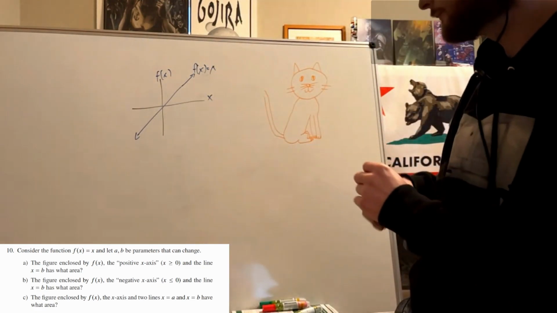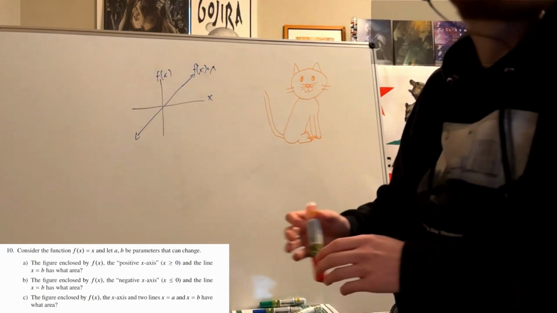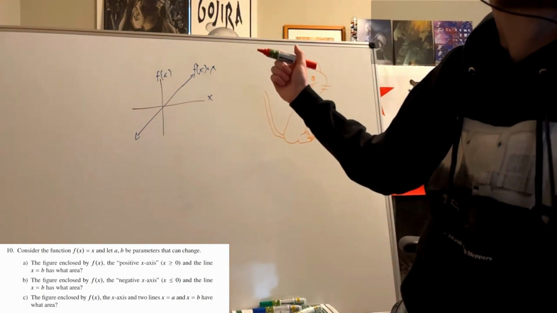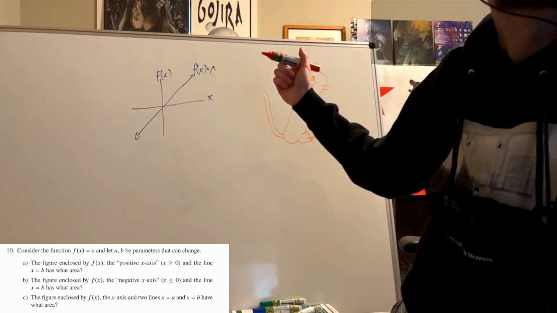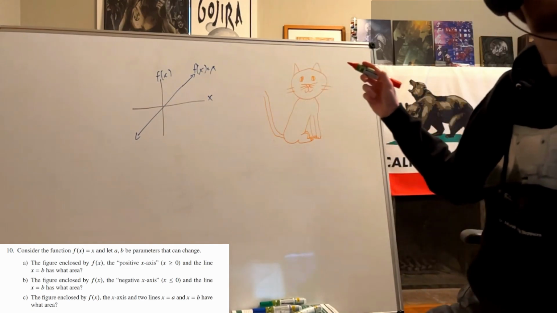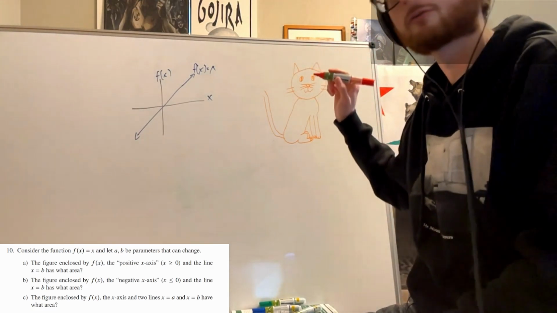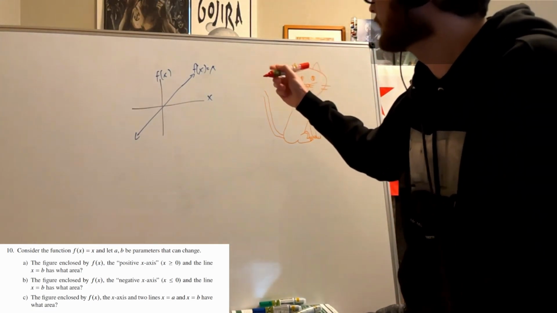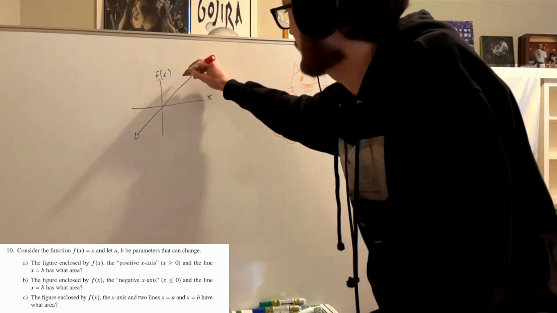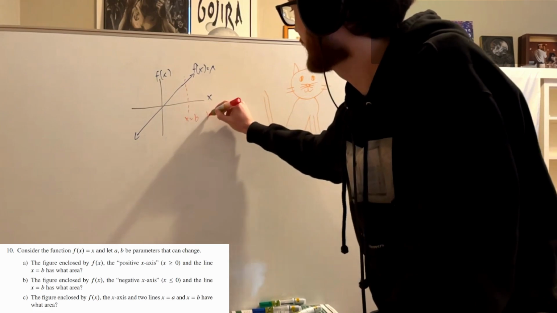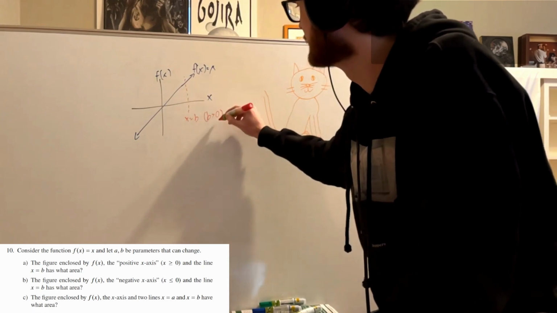Okay, so for part A, we have the line x equals b. And a and b have no real conditions on them. So for part A, let's just examine x equals b, where b is greater than 0.